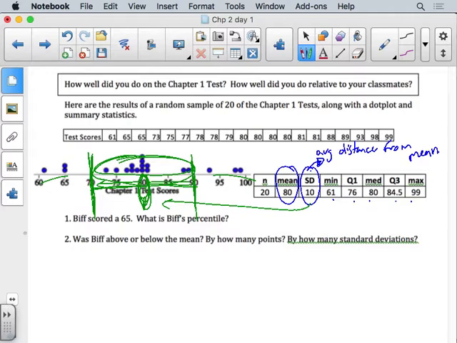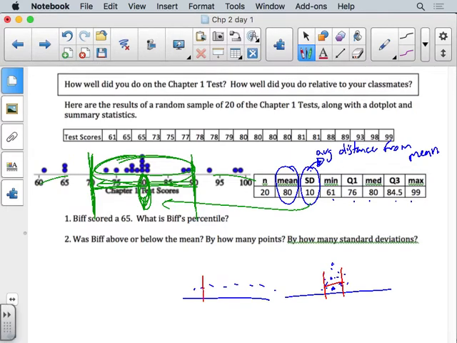This is super important, and I want to make sure you understand what a standard deviation is. 10 is a pretty big standard deviation. We were pretty wide. This was a test question. If I have data values that are really close, that is a really small standard deviation compared to data values that are spread out.